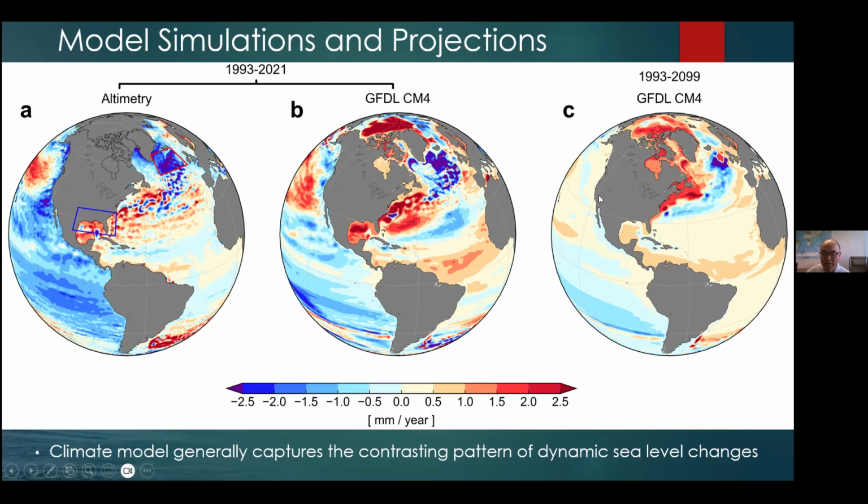The future increase of the greenhouse gas forcing can modify the pattern of the dynamic sea level change in the North Atlantic. You can see the East Coast sees the largest dynamic sea level rise in response to the slowdown of the AMOC.